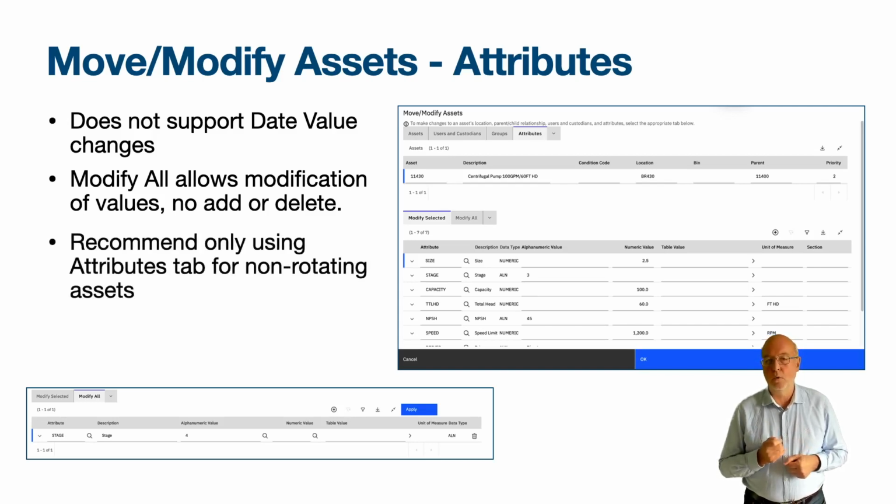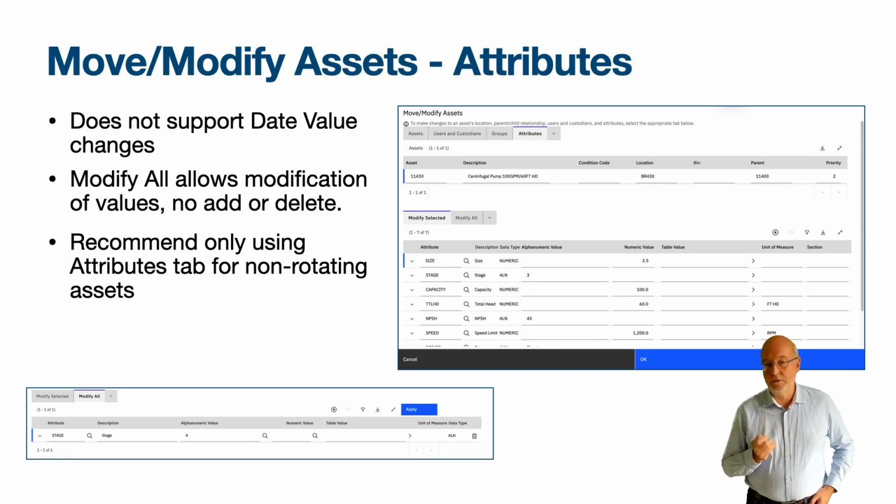A little word of warning regarding using the Move Modify Assets dialog and the Attributes tab on rotating assets. You would have learnt in the video on rotating assets that the specification attribute values are being mastered on the associated item master record, but you can override this.